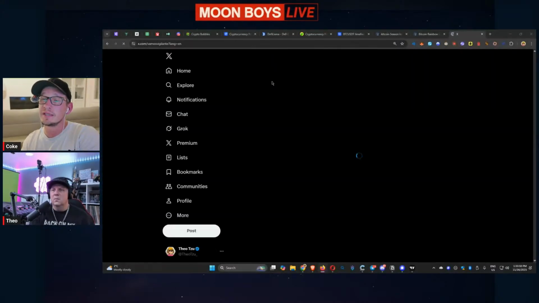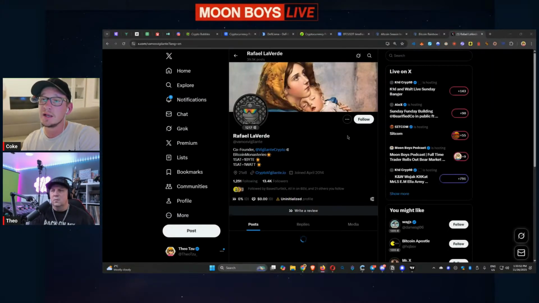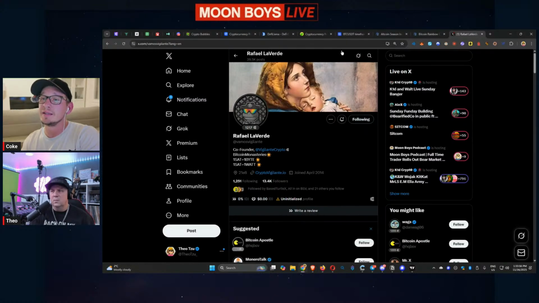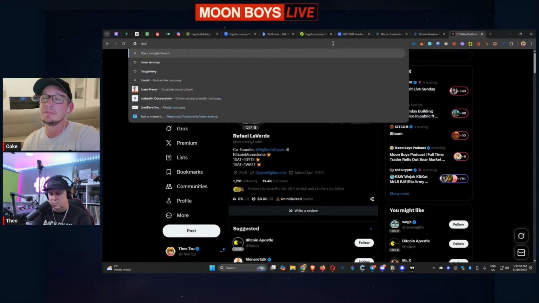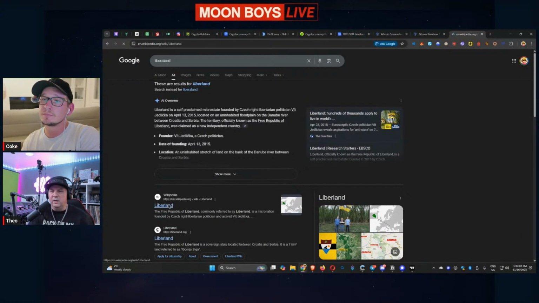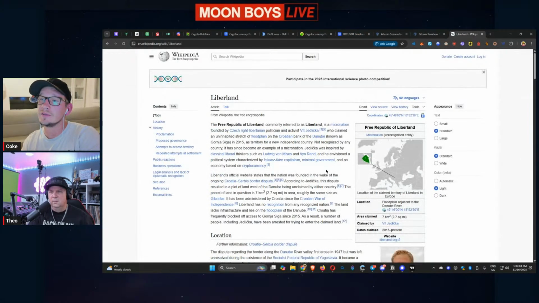You can Google it. It's basically a small piece of land where there is no taxation. It's like an anarchist paradise. Liberland, yeah. I think Jeff Bruick is Free Republic of Liberland.